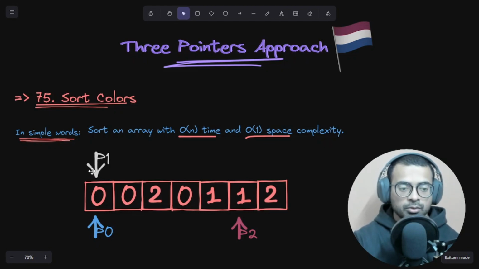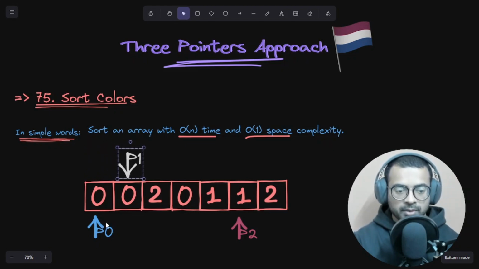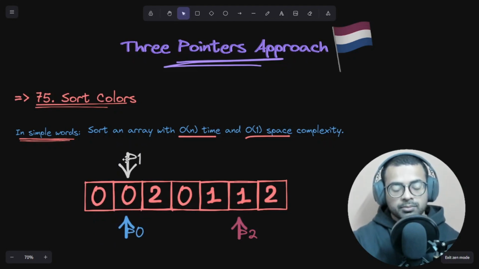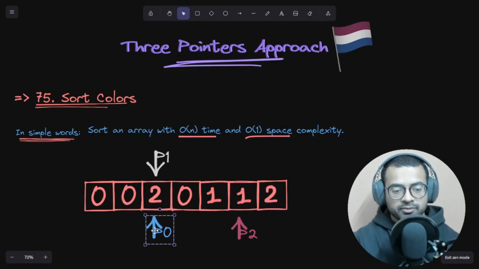In this scenario, both P1 and P0 are pointing towards the same element, so we are simply going to move P1 one step forward and P0 one step forward. Now P1 is again pointing towards 0, so we will move P1 one step forward and P0 one step forward. Why? Because P1 was pointing towards 0, and P0 was also pointing towards 0.